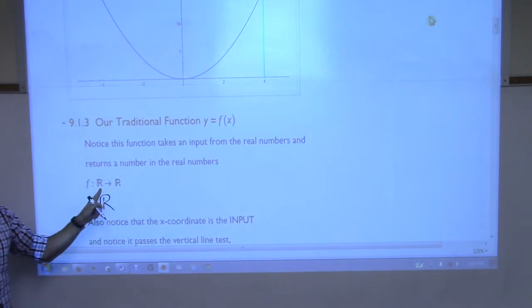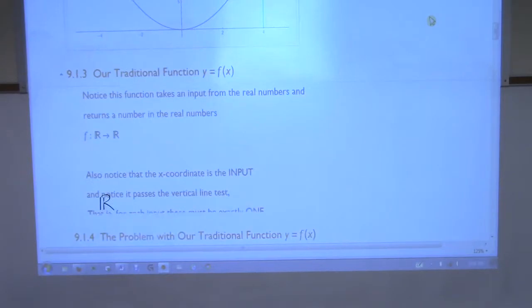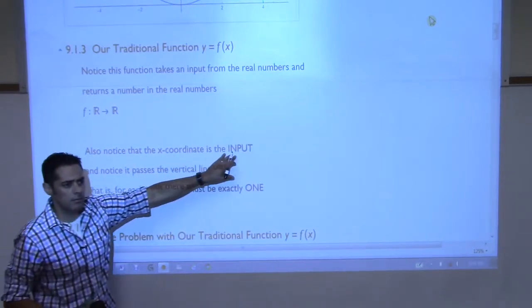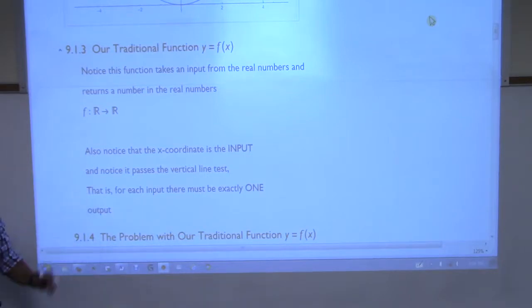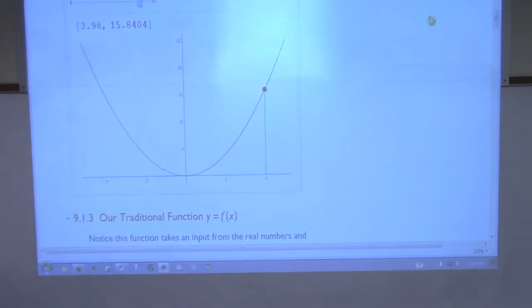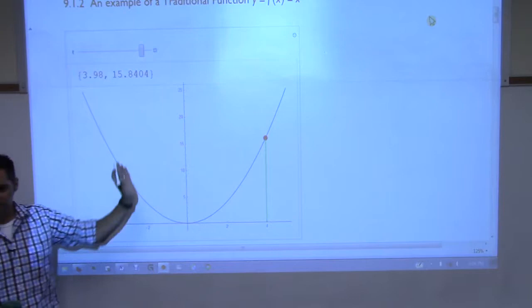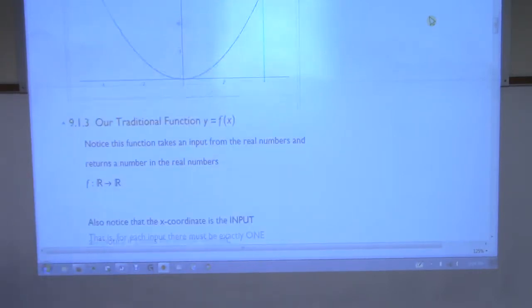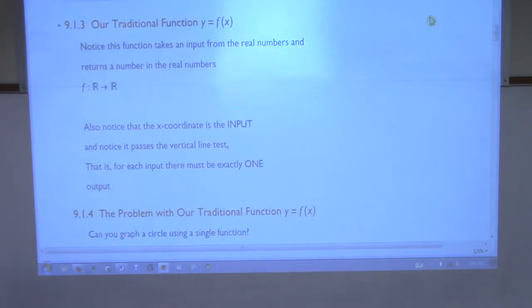Your input's a real number, your output's a real number. Notice that the x coordinate of the point is the input. And notice also that to qualify as a function, it passed the vertical line test. That's back in college algebra, right? We learned the vertical line test. So we passed the vertical line test.